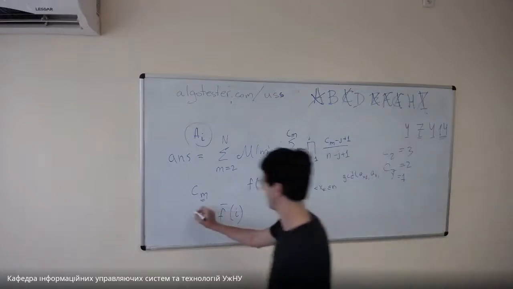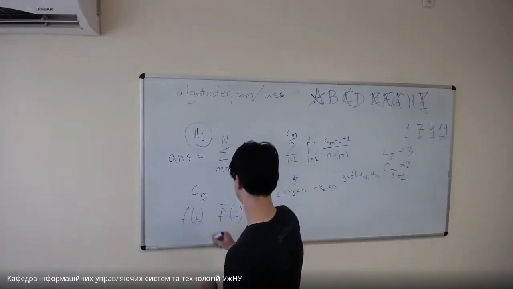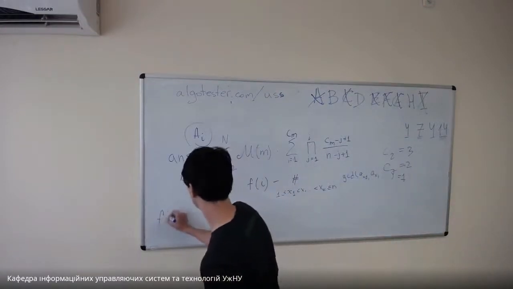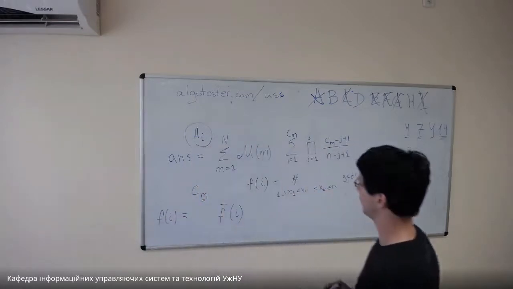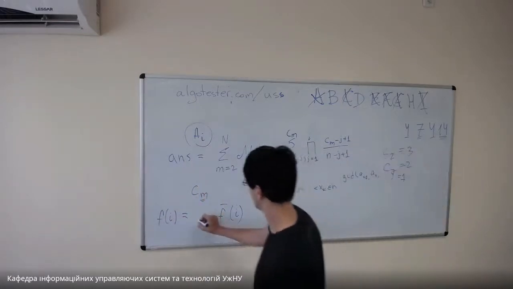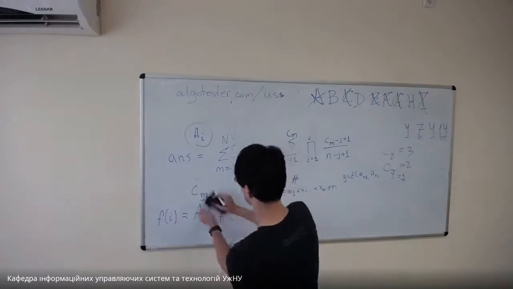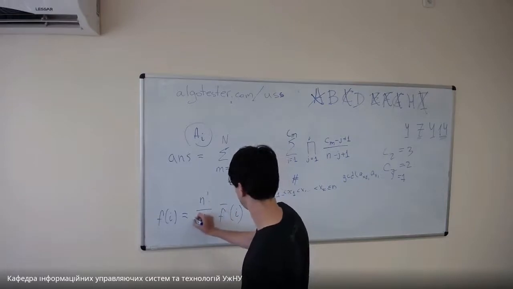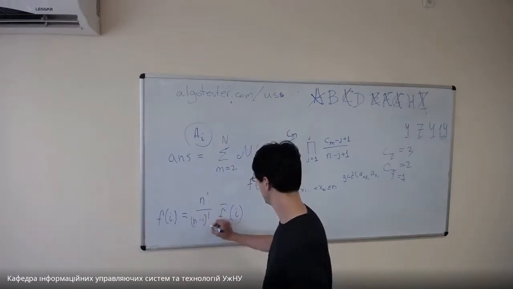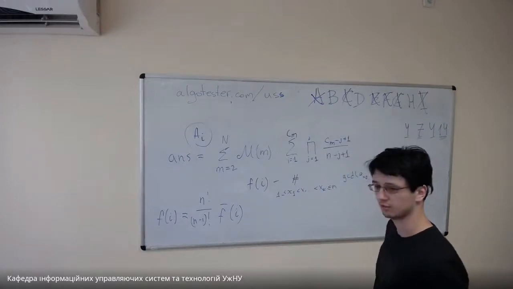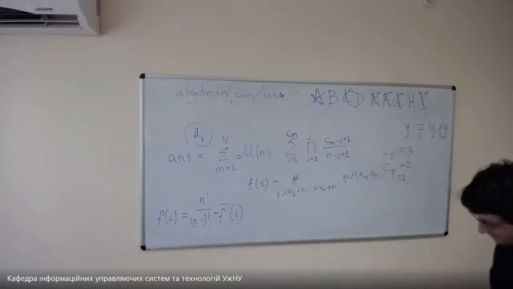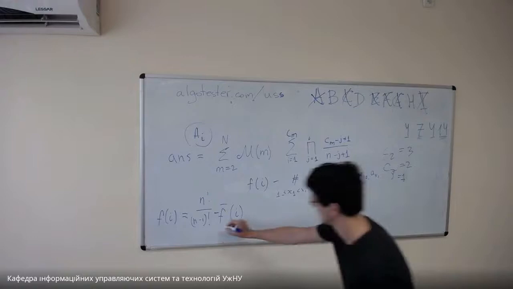And then we will have that f of i will be equal to the number of possible sets, A of n and i, so it's basically n factorial divided by n minus i factorial. Right? Something like that. And how to calculate this?